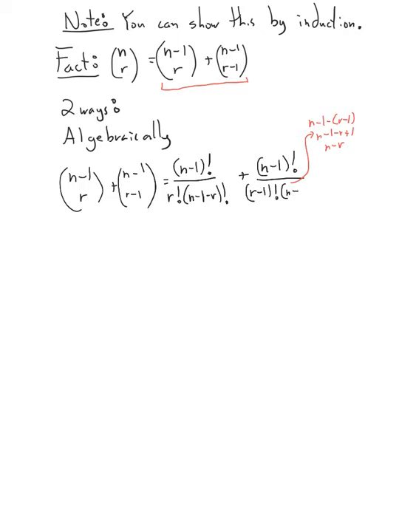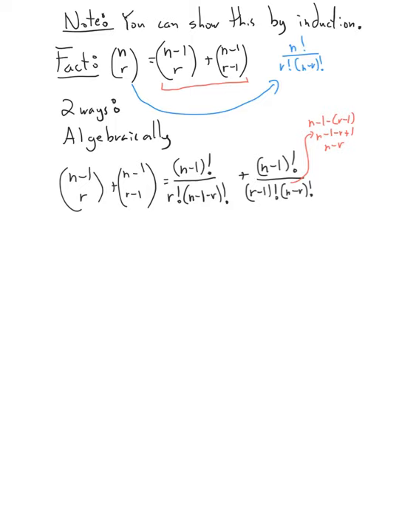So this here is n minus r factorial. And we want it to look like n factorial over r factorial times n minus r factorial, choosing r things out of n and not choosing the other n minus r.